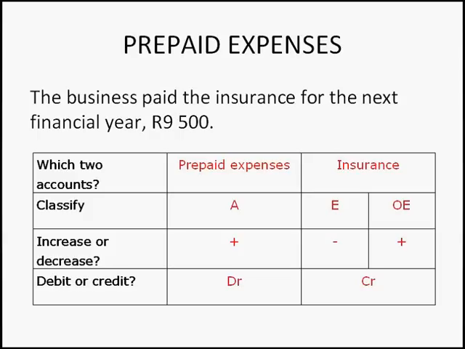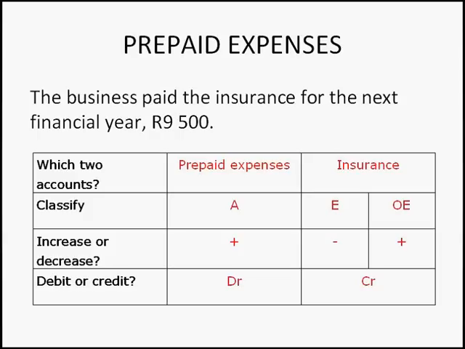So when I look at prepaid expenses then, in the books of the business, I can classify it as an asset, because really that money that I've paid still belongs to me until such time as I have received the benefit for the expense that I've paid. So when the payment becomes due in the next financial year, only then does it actually become the insurance expense. For now, the fact that I've prepaid it means that I'm sitting with money that really belongs to me, and prepaid expenses is then seen as an asset.